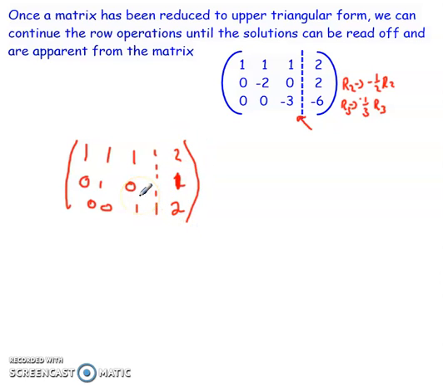What I can now do is use back substitution in order to get rid of these values here. And what that means is I now do row 1, take away set values from each row. So if I was to do row 1, take away row 3, what would happen is this and this would take away, and I'd be left with a 0 here.